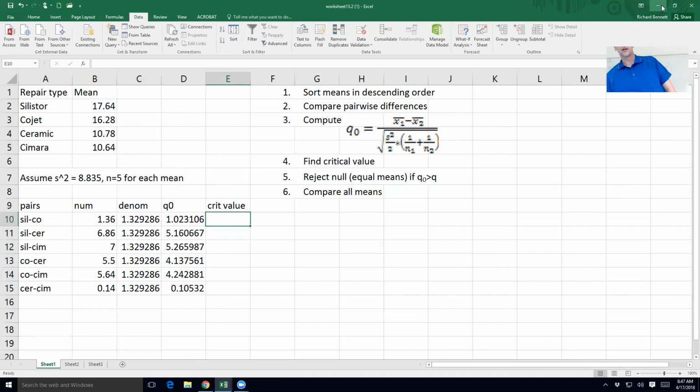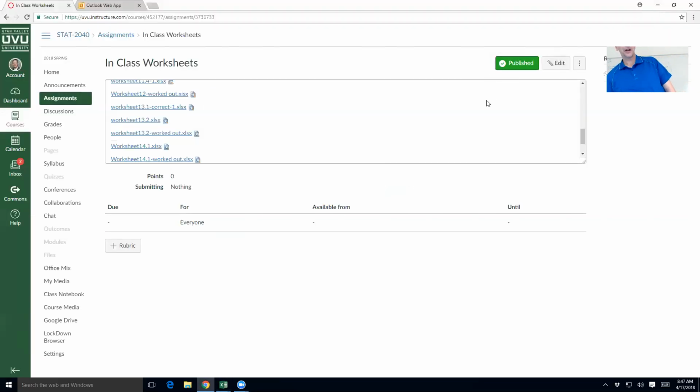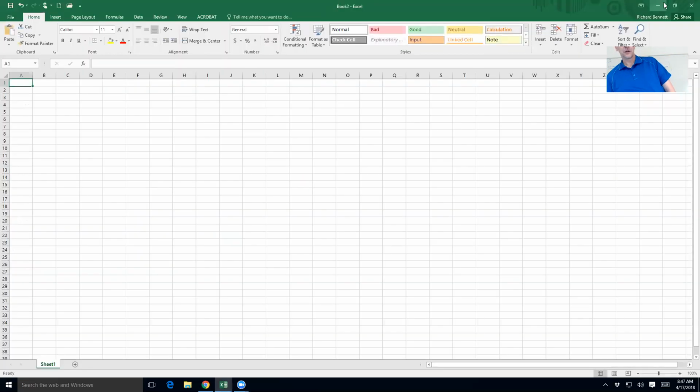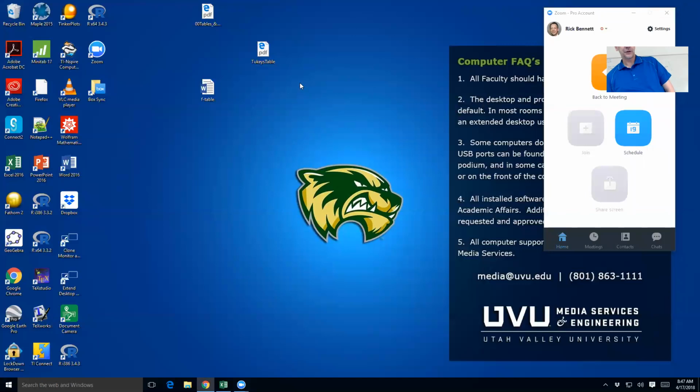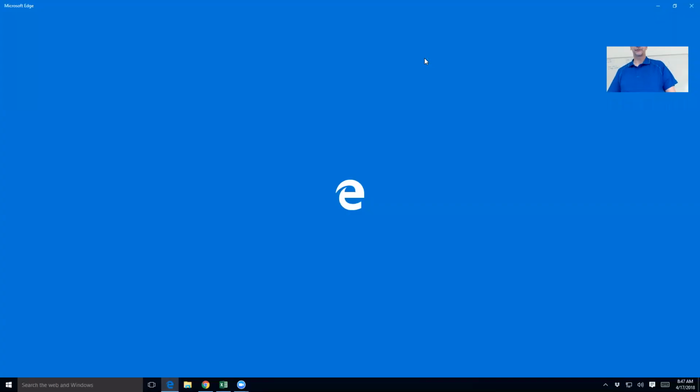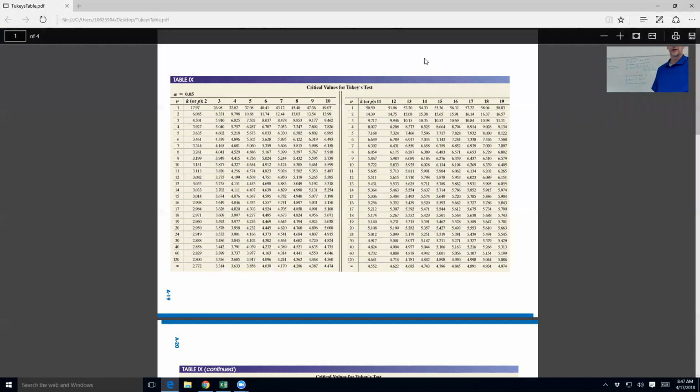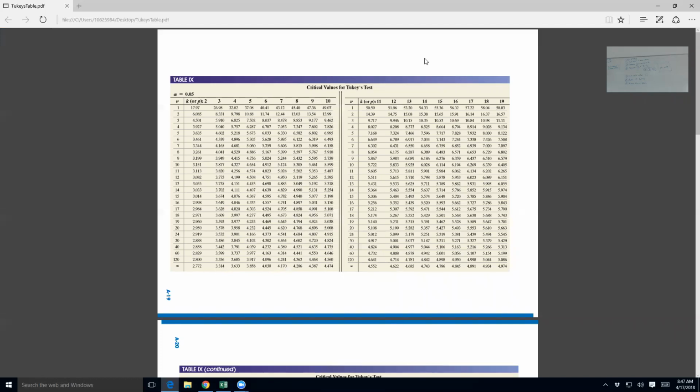So I believe in the back of your book you should have the Tukey table. Here it is. Real quickly, you can see that page 1 is alpha equals 0.05. It's table 9 in the back of your book. I'll give you a copy of this on the quiz tomorrow.